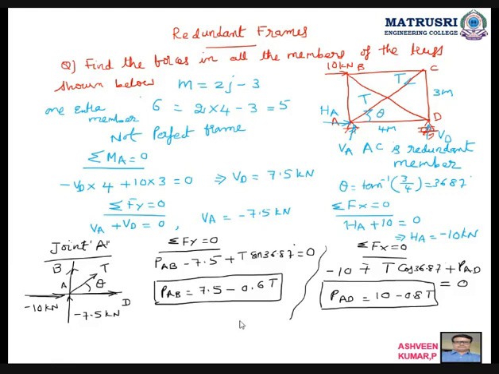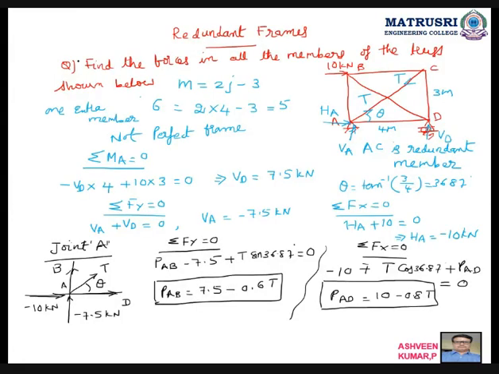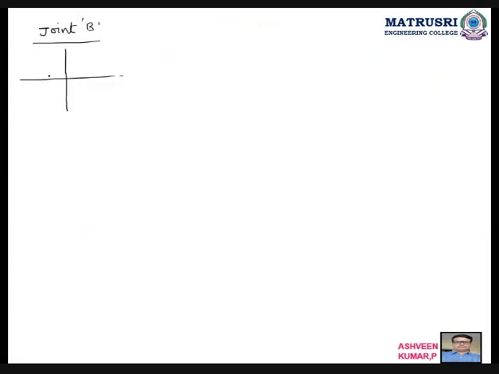So if I am going for joint B, I can go. Joint B, first draw the X and Y axis. Joint B, what is there in joint B? Joint B, right side 10. So B, this side C, downward A, and this is D. This is theta.